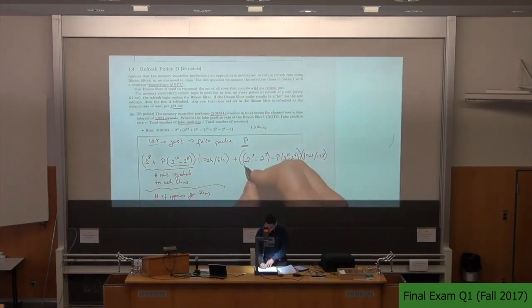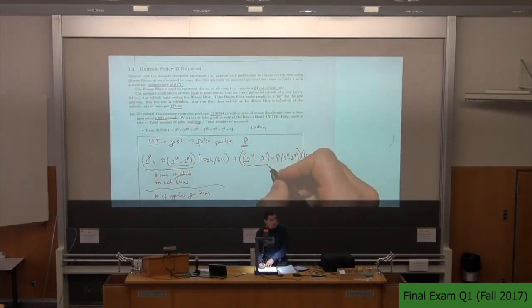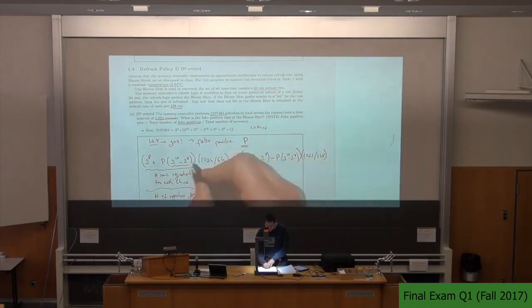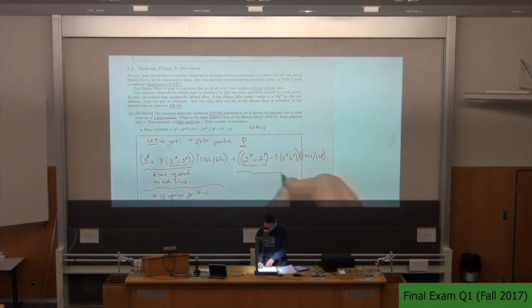So basically these are the rest of the rows that should be refreshed in 128 milliseconds minus the ones that are actually refreshed here. And this is again the number of rows in 128 milliseconds.